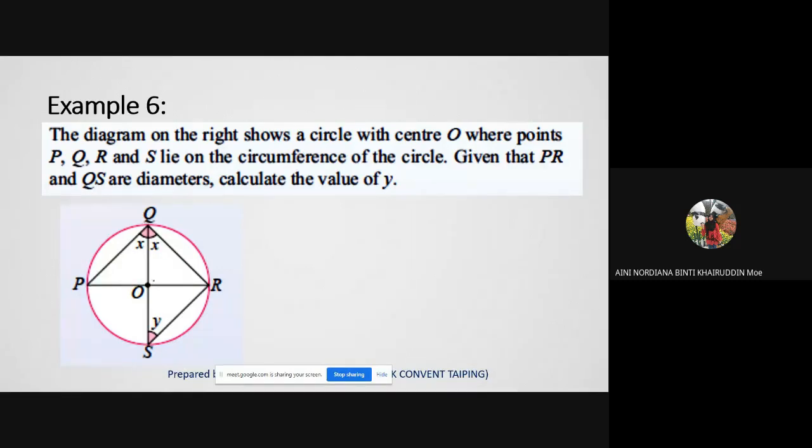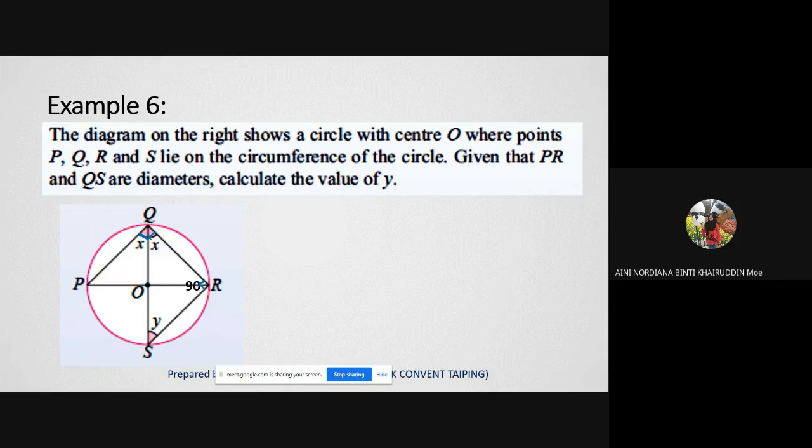So here POR is a diameter. So here is 90. Just now I said to you, angle at circumference is 90. So x equals, okay, here also 90. Why?